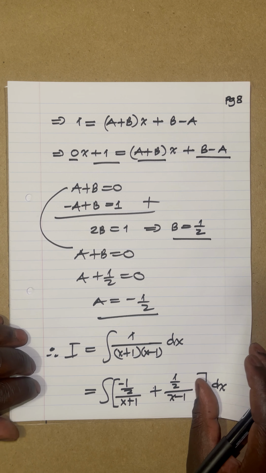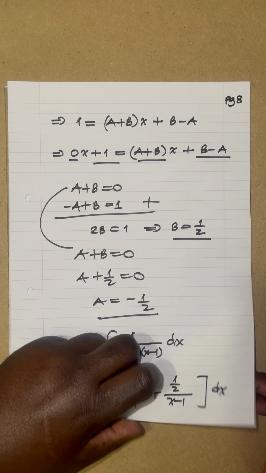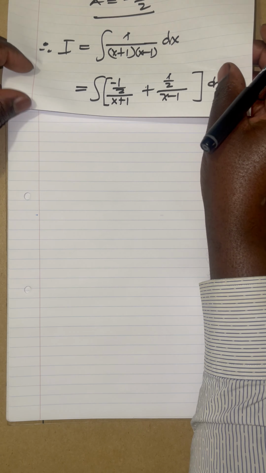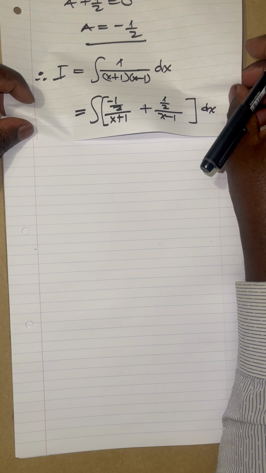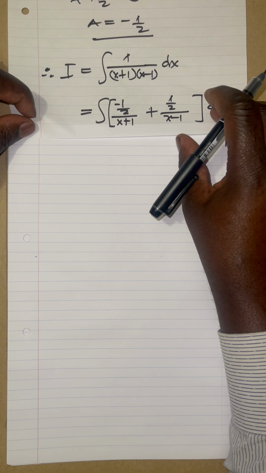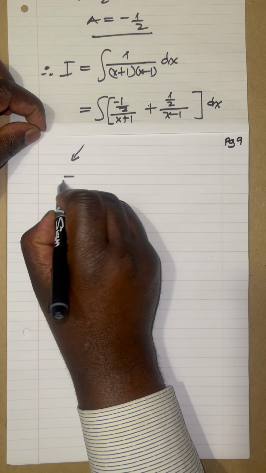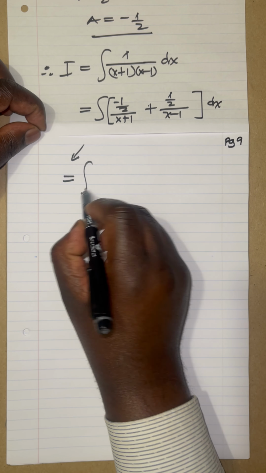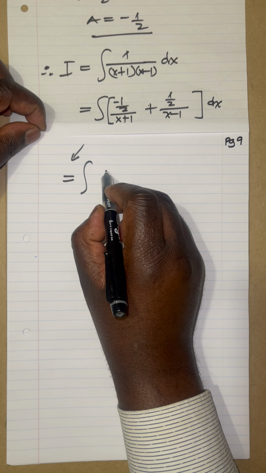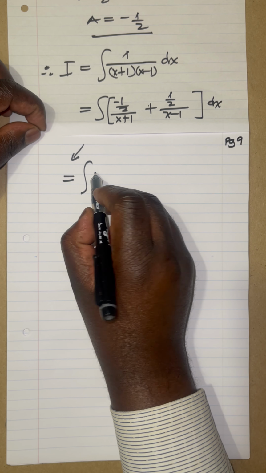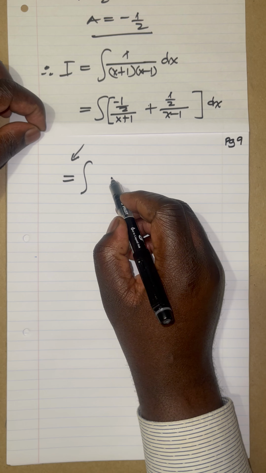Right, I'm going to rewrite this integral and perform the integration. So rewriting that integral, taking us to page 9 here now. I'm basically saying that that is equal to, watch this, the integral of, I'm going to write the positive term first.